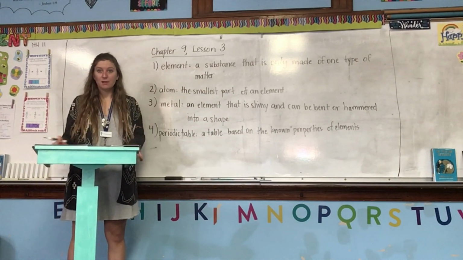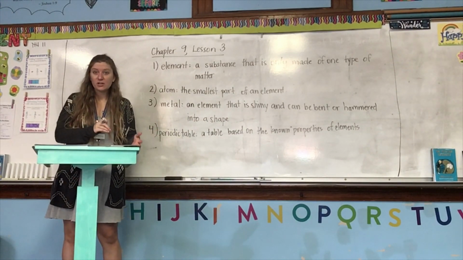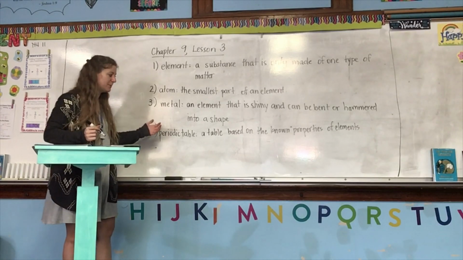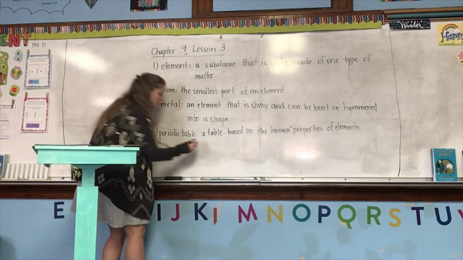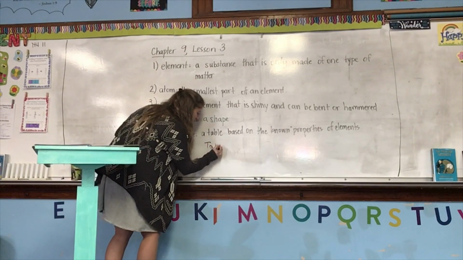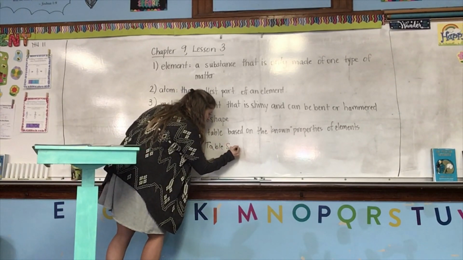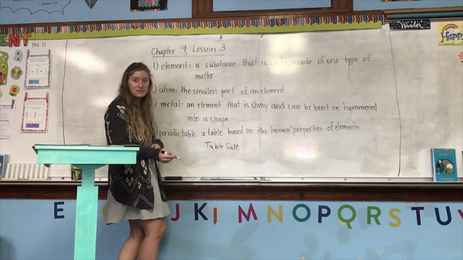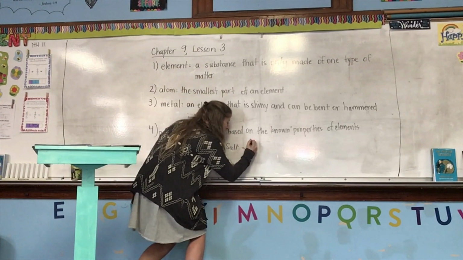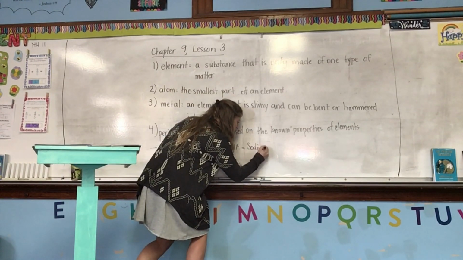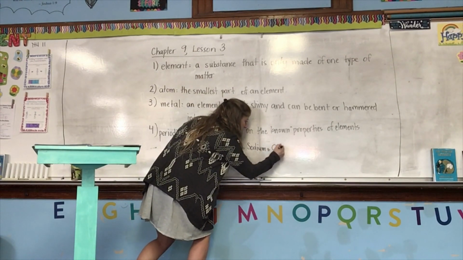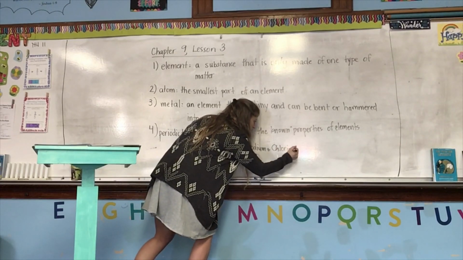So we know table salt, based on the critical thinking question on the page before, we know that table salt is made up, go ahead and write this and then draw the picture. Table salt is made up of sodium and chlorine.